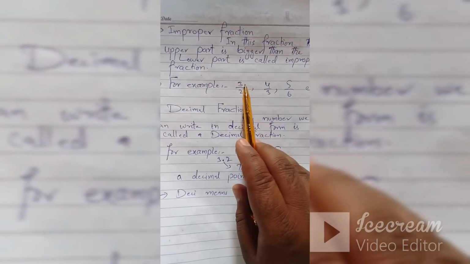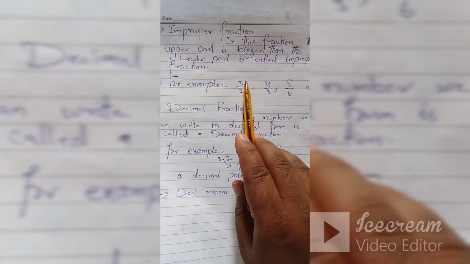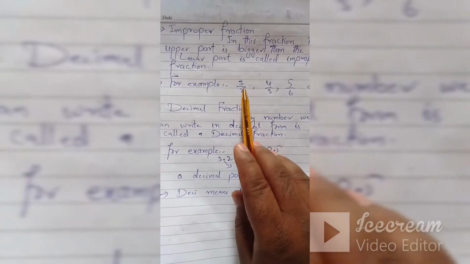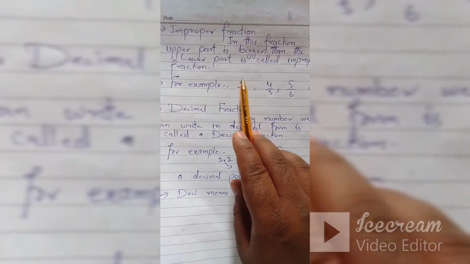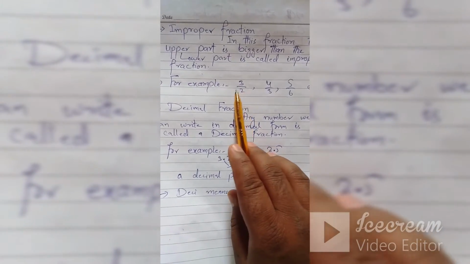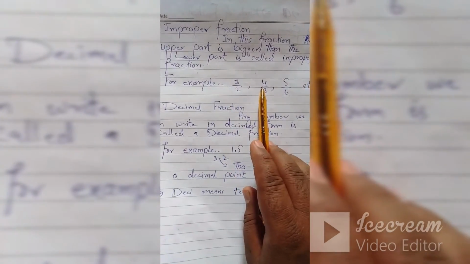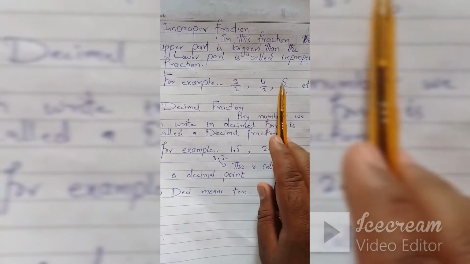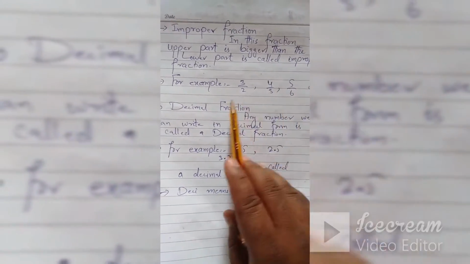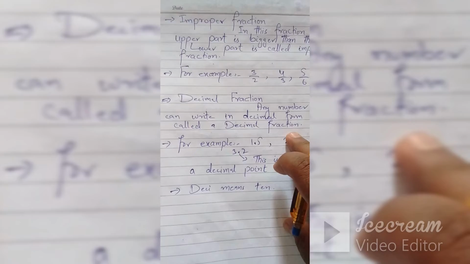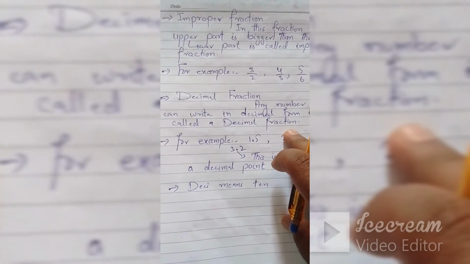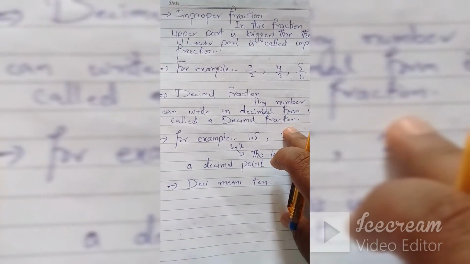It means the numerator is bigger than the denominator. Friends, we have completed the first kind of fraction, which is common fraction and its kinds.